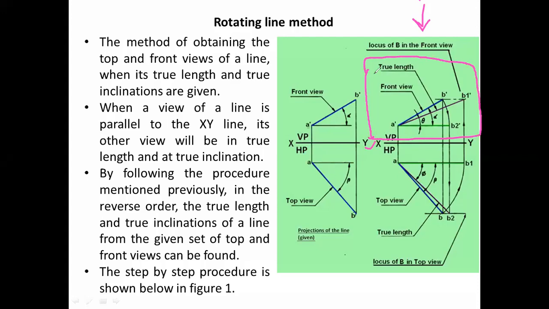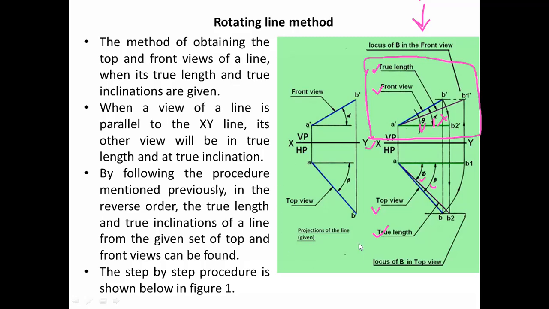I can get true length, front view, theta, and alpha. Similarly, in this top view plane, or horizontal plane, what items am I getting? Top view, true length, phi, and beta. You should know that much. Otherwise, you will fill up the box and draw beta here, so your whole problem will be wrong. Understand? So you should know this. That's it.